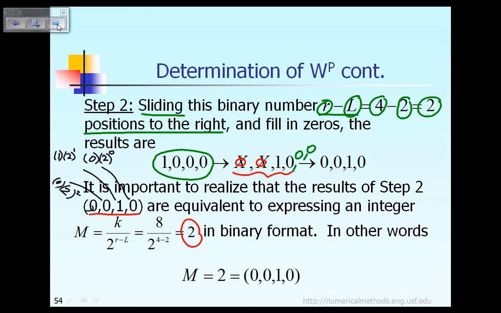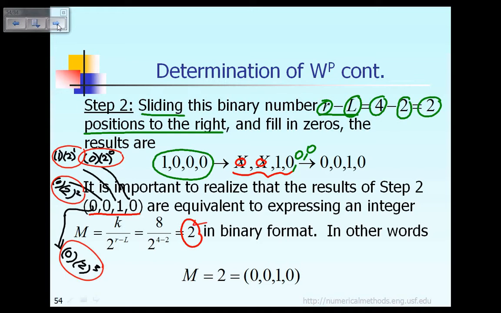And this 0 here means 0 times 2 to the power 3. And therefore, if you add up this number, which is 0, plus this number, which is 2, plus this number, which is 0, plus this number, which is 0, then you get the value of 2.